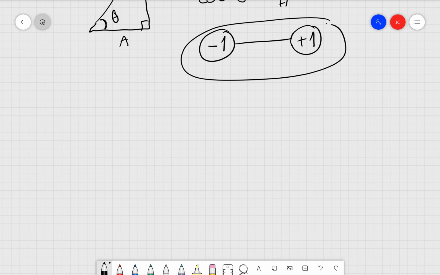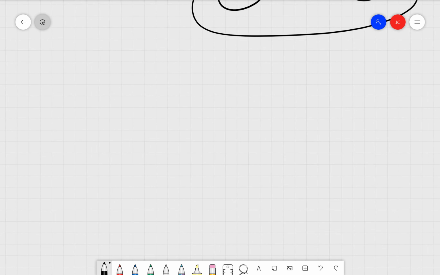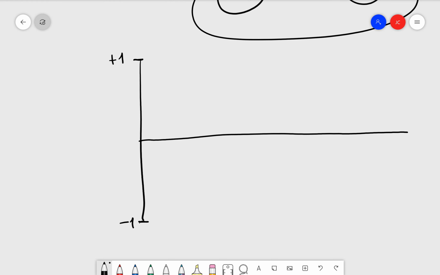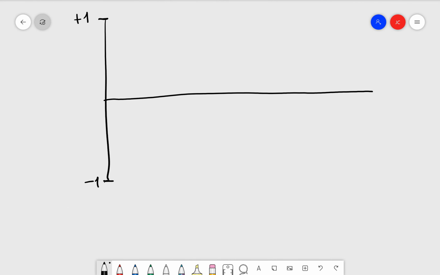So I'm going to construct a little graph here, and it's going to basically look like this. We're going to have a line here, we're going to have a line here. On the y axis, at the top we're going to have a +1, and at the bottom we're going to have a -1, because that's really all we need here, because again, they can't go further. And on the x, I'm going to label degrees.